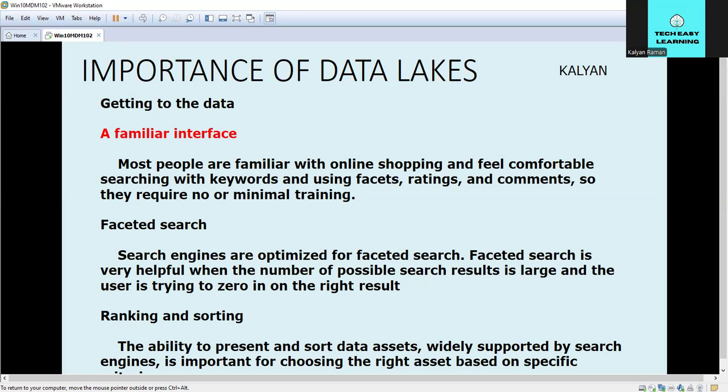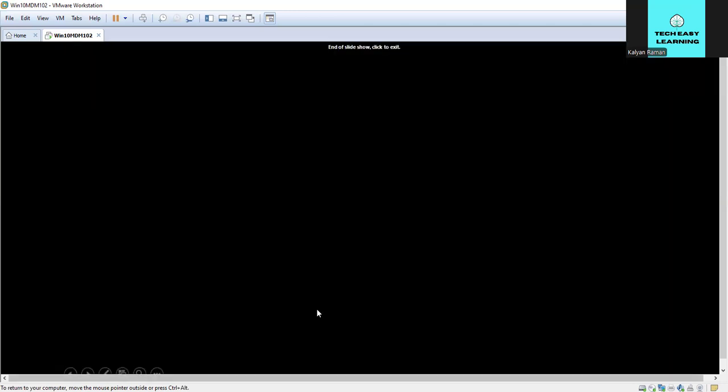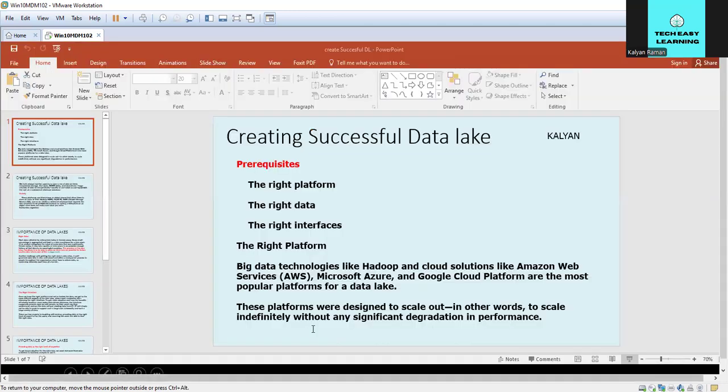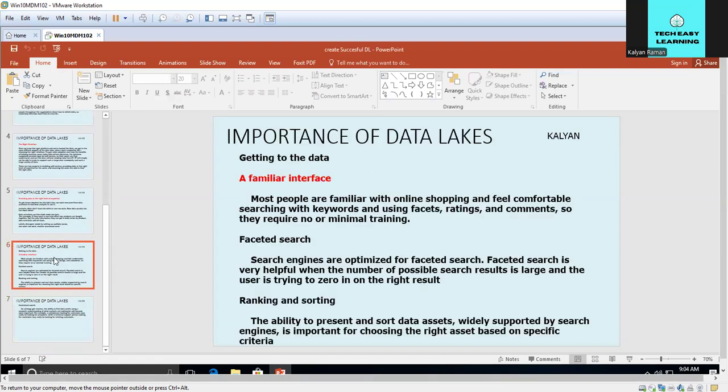And the ranking and sorting. The ability to present and sort the data assets, widely supported by search engines, is important for choosing the right asset based on specific criteria.